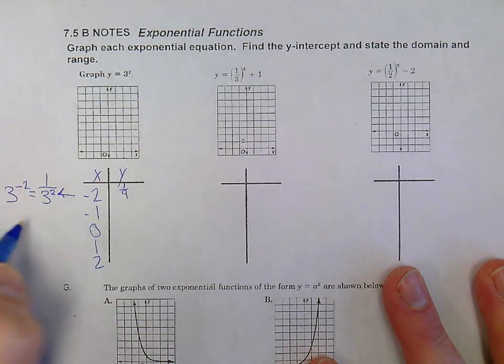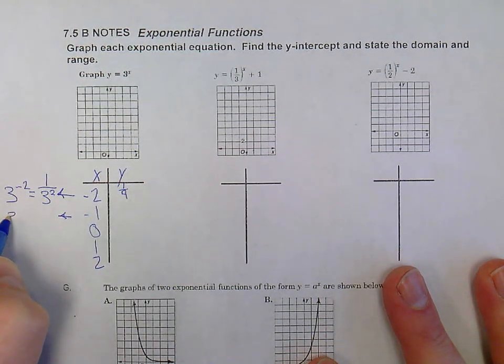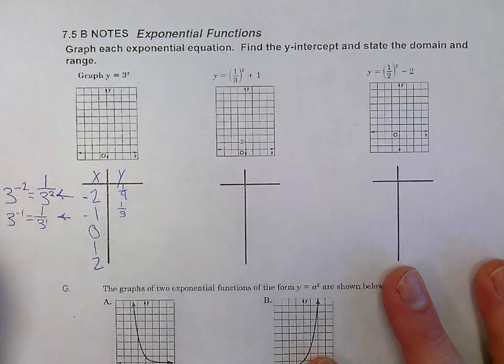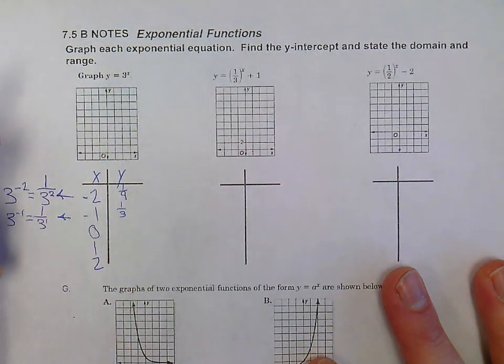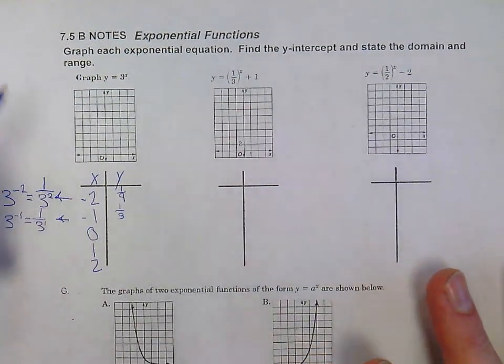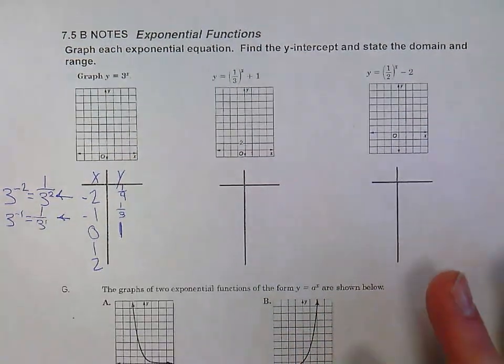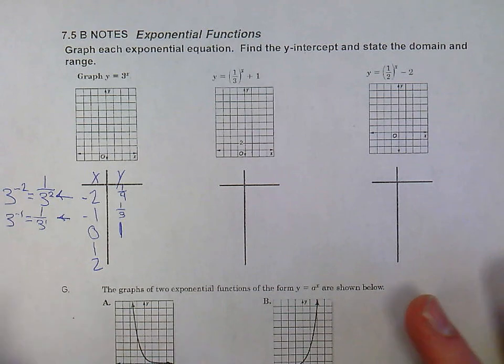Now, if I put -1 in here, again, I've got 3 to the -1, which just equals 1 over 3 to the first, which is 1/3. If I put 0 up here, if I have an exponent that is 0, another exponent rule, we know that thing equals 1.